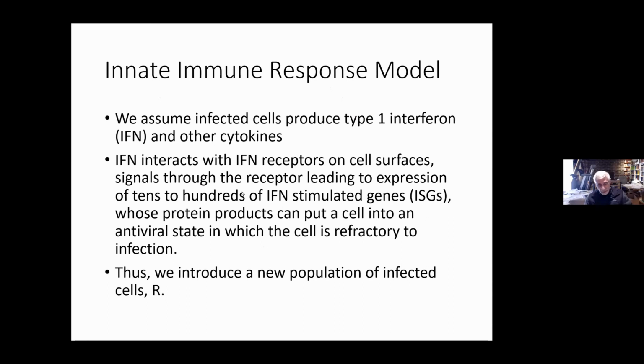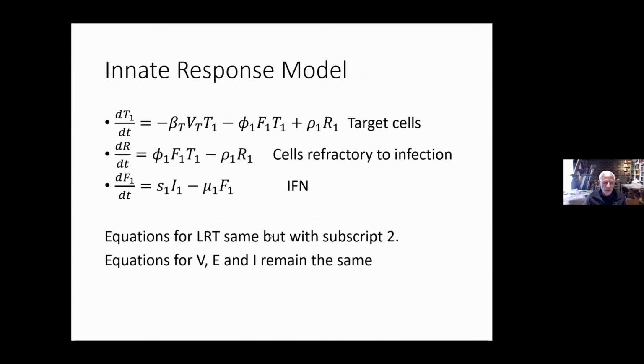We decided we'd try to put in an innate immune response, which is known for basically stimulated work on interferon, IFN. Those of you who know interferon, it stimulates hundreds of genes when it binds to its receptors, and in the case of virally infected cells, it can put them into something called an antiviral state, in which they're refractory to new infections.